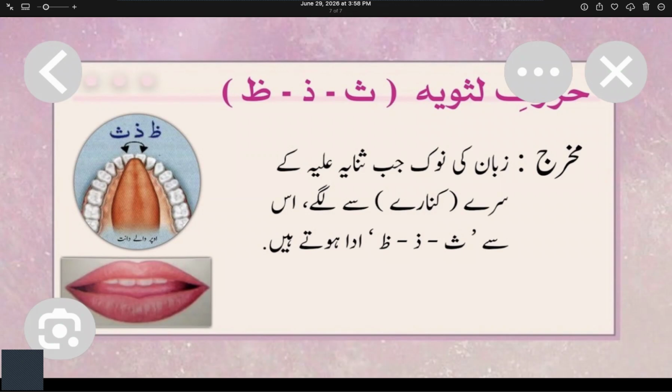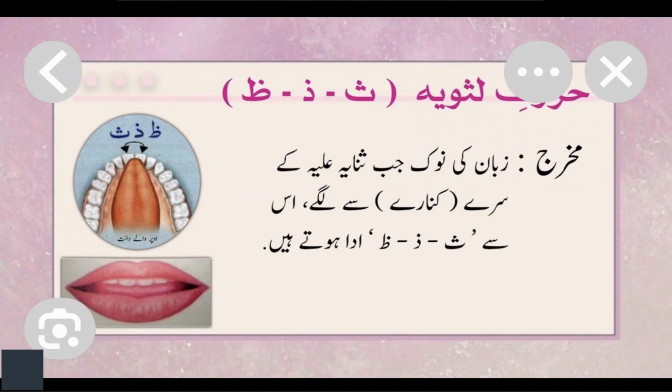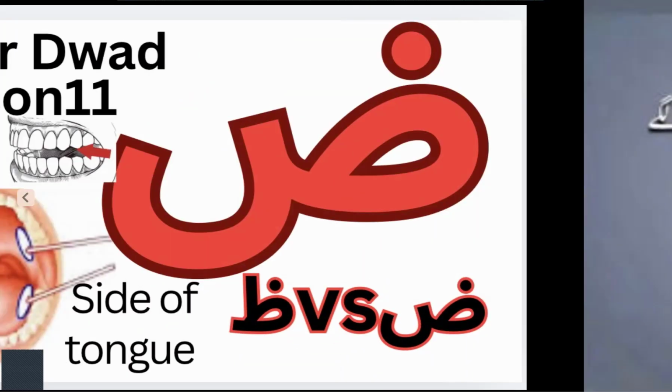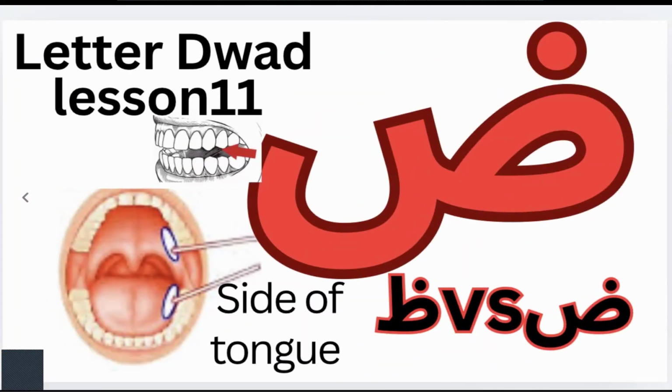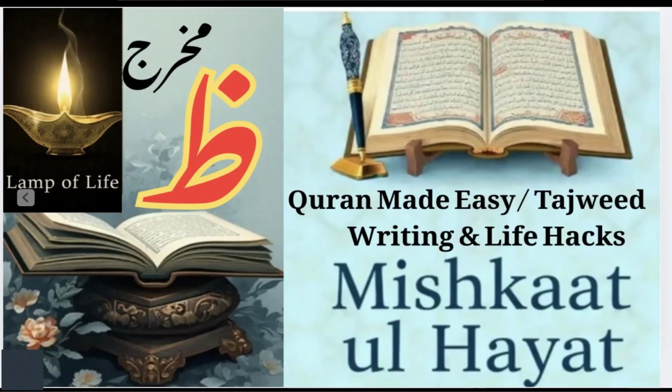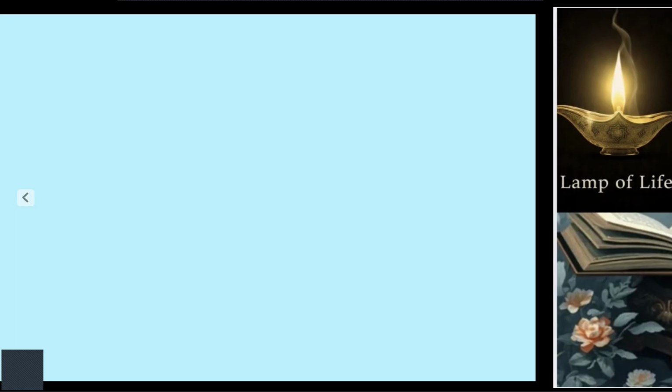I hope you can learn the difference between these different ones, and DAW with this one, and don't make this mistake next time. Whenever we say them, the sounds should be where their makhrij is and what they really are. And some letters are heavy. This is one of the heavy letters.